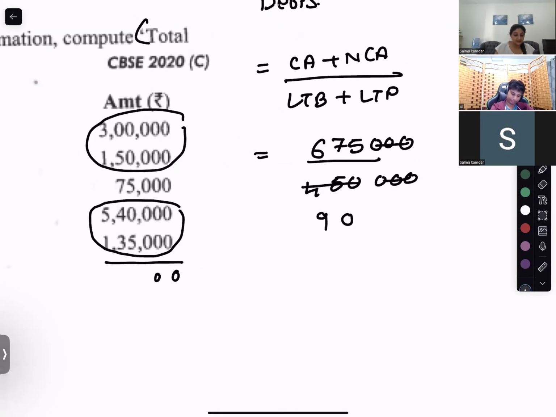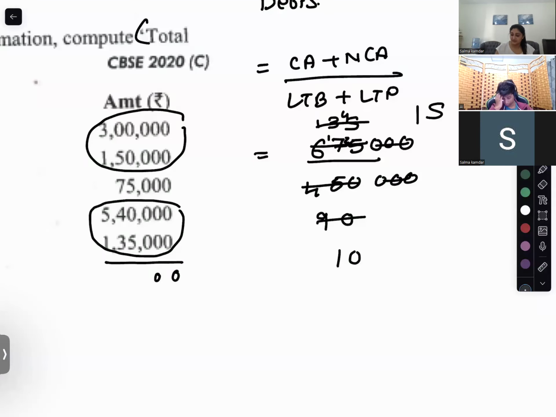5 table I will take. 5 threes are 15. I need calculations over here. 9 table, 9 divided. 9 tens are 90, 9 ones are 9... 9, 18, 27, 36, 45.